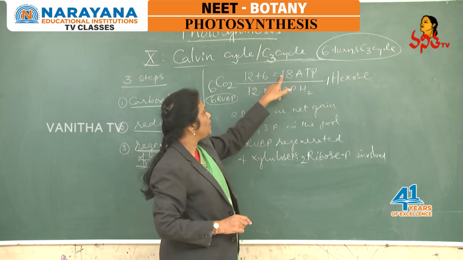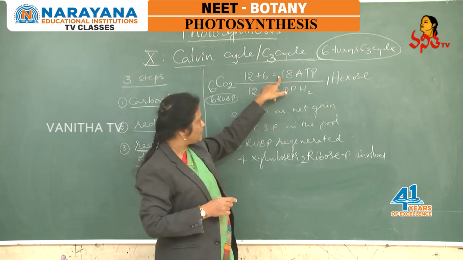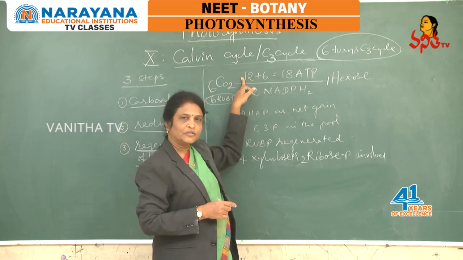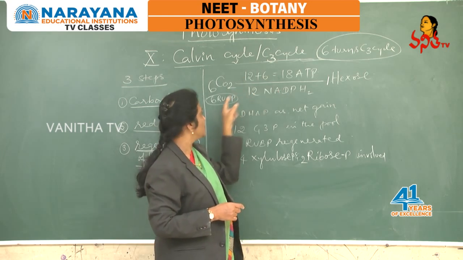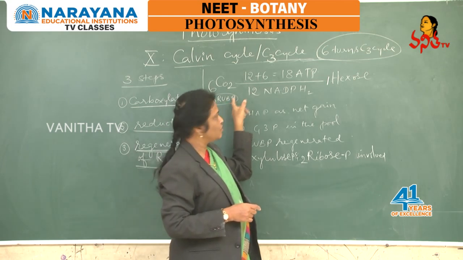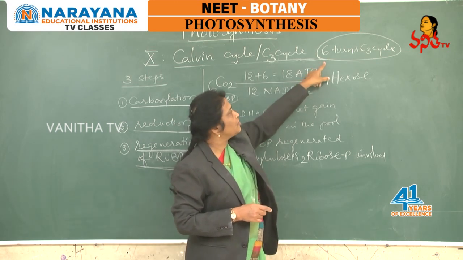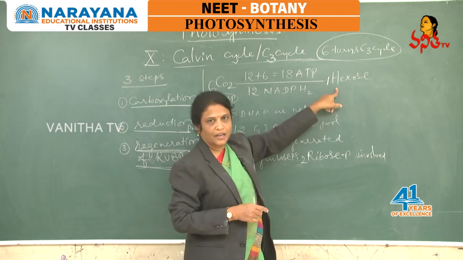For that, how many ATP are utilized? As you already followed in the detailed mechanism, 12 ATP molecules are utilized in the reduction phase for the phosphorylation reaction, and 6 ATP molecules are utilized in regeneration of RuBP from RuMP molecules. So, totally 18 ATP molecules are utilized in 6 turns of the Calvin cycle for the fixation of 6 CO2 into 1 hexose.